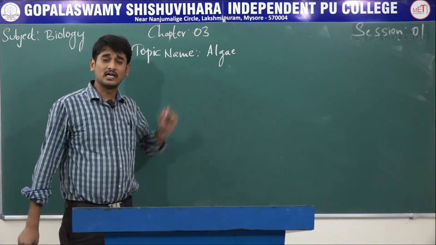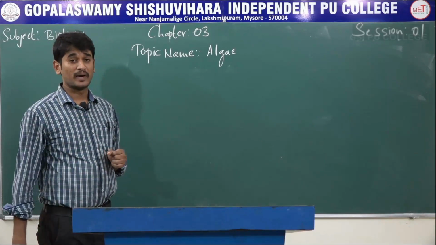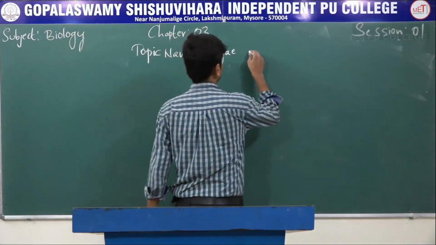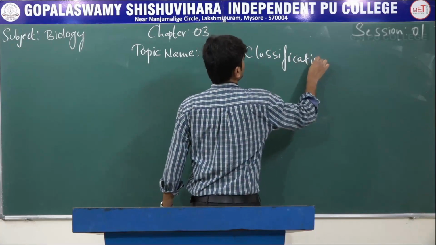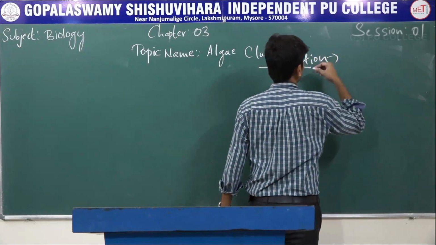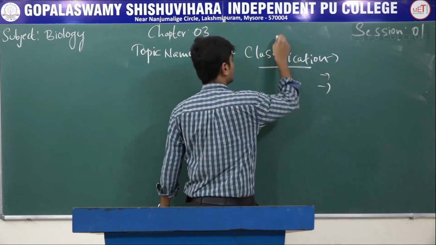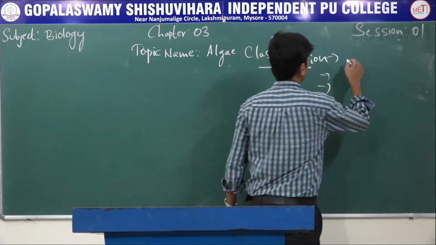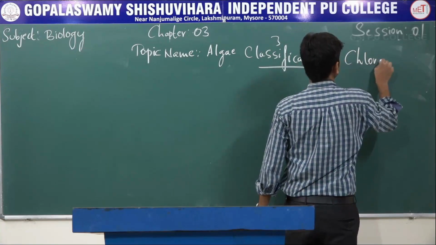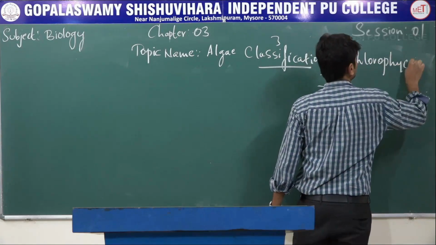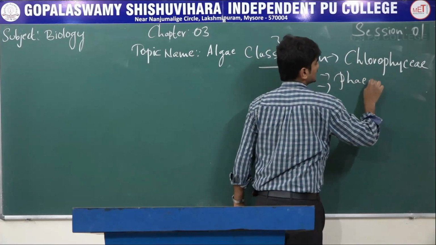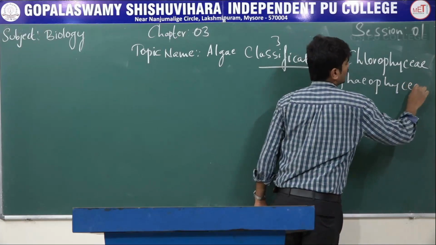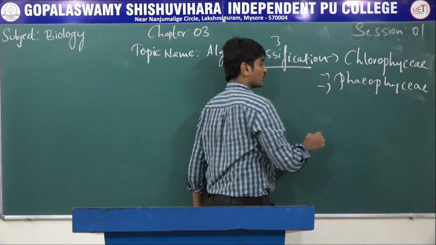Next, algae are classified into mainly three classes. Number one is Chlorophyceae, Phaeophyceae and Rhodophyceae.